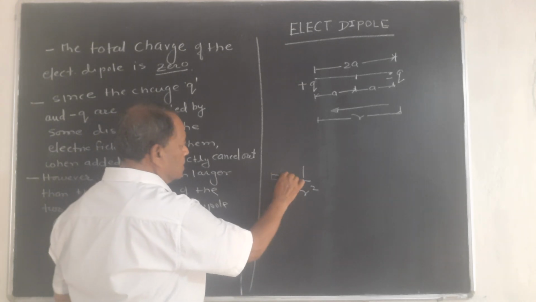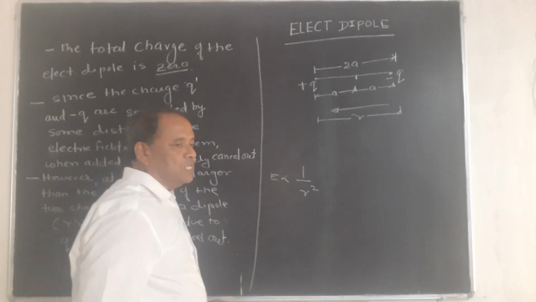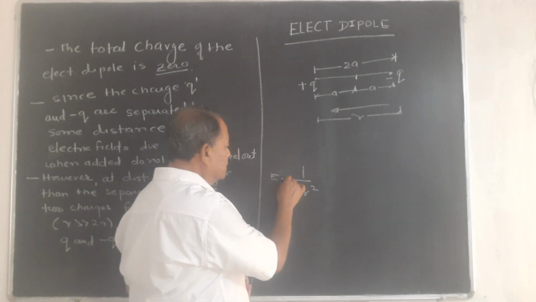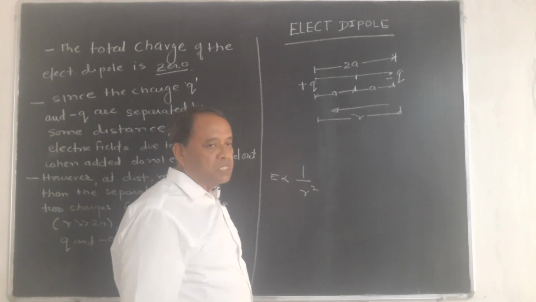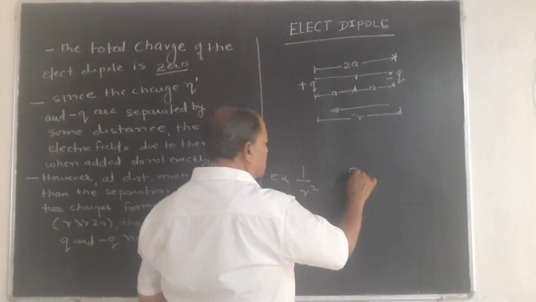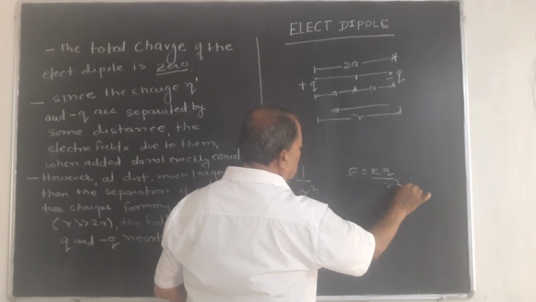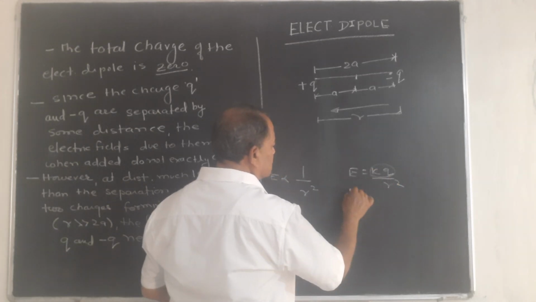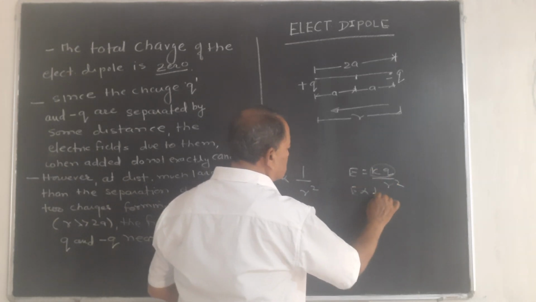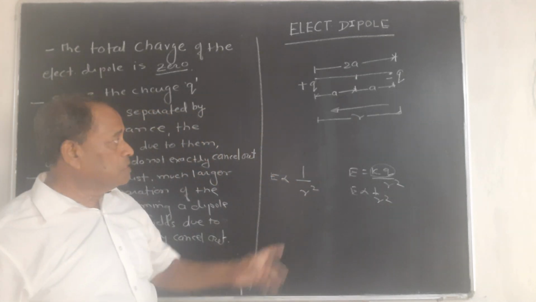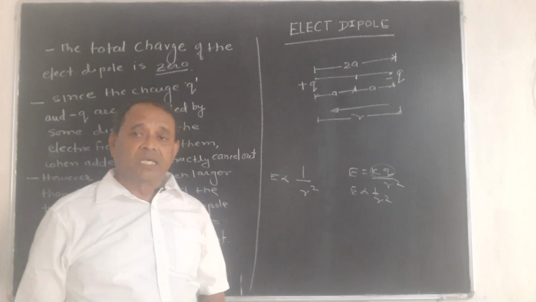We have seen this: when a single charge is there, the electric field is inversely proportional to r square. We have seen the formula k q upon r square, where k is a constant, so E is inversely proportional to r square. This is in the case of a single charge, but here two charges are there, a dipole.